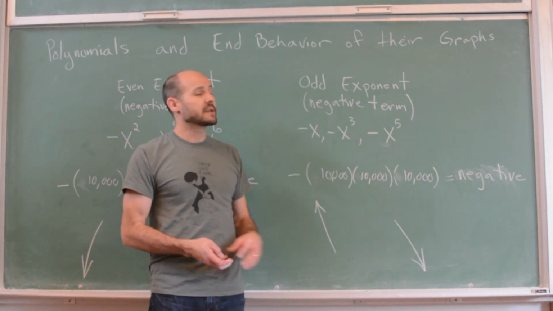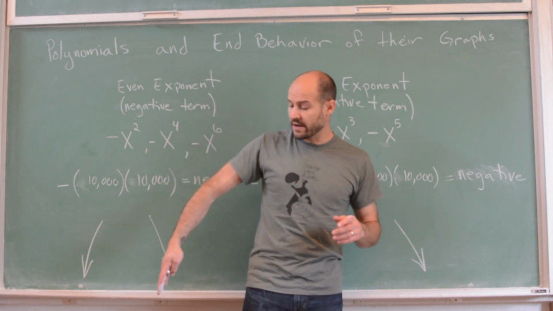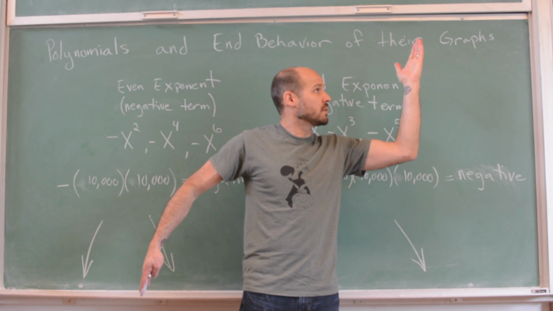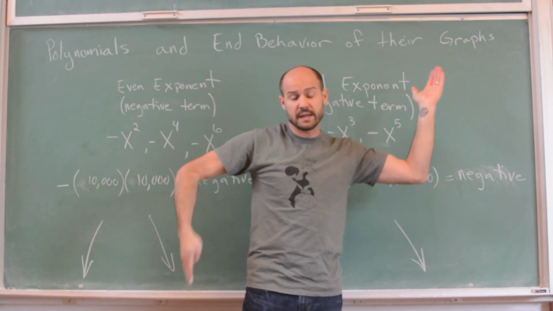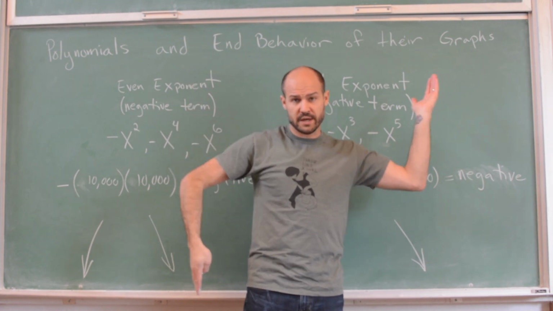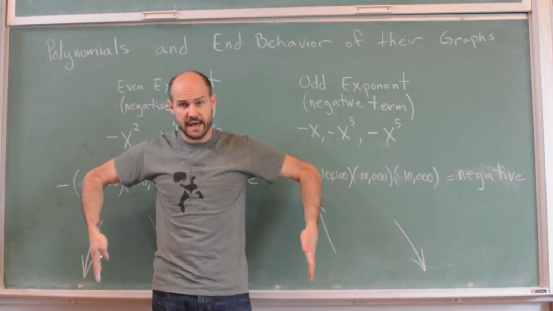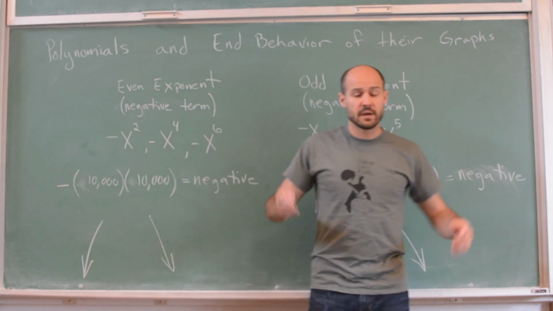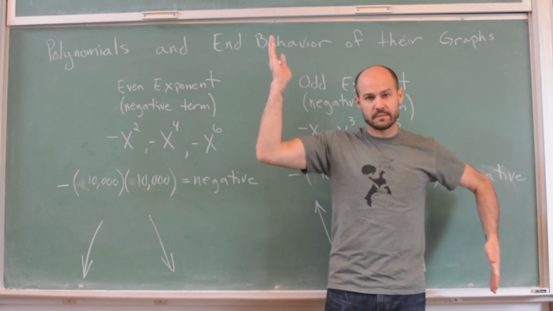So our odd exponent leading terms are doing two things, either starting down and going up, or starting up and going down. They're always ending in opposite directions. Again, even exponents are both up or both down. Odd exponents are one down, one up, or one up, one down.